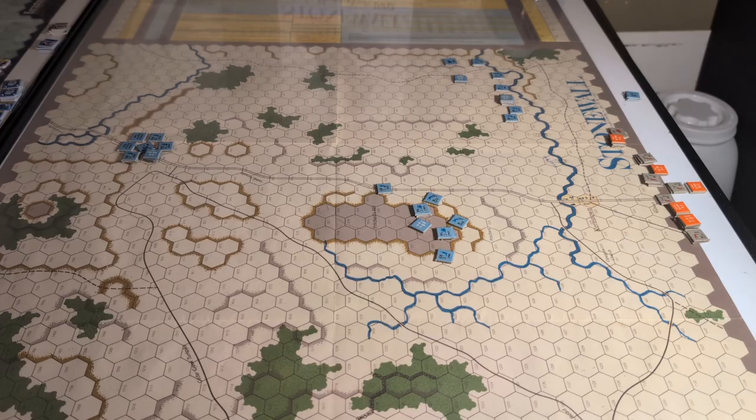So 125 yards. That's like 375 feet. About 125 yards.